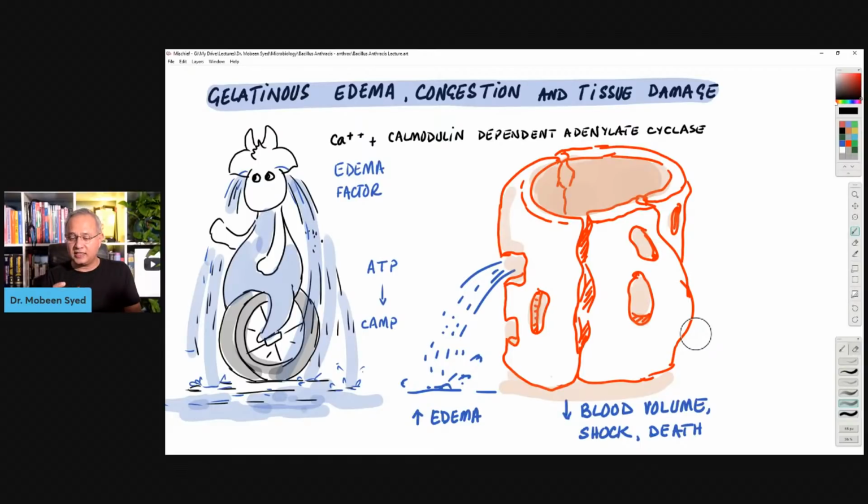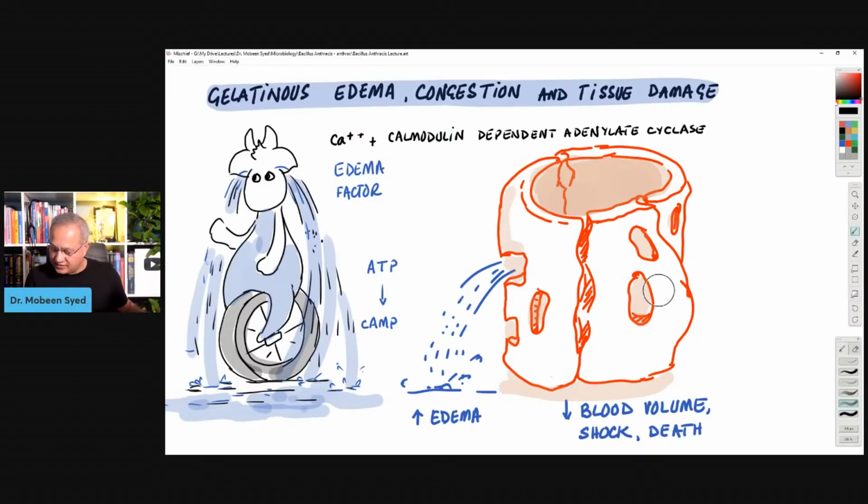So shock and death is not going to occur just because cyclic AMP caused the cells' homeostatic environments to be upset. The shock and death can occur because the endothelium starts becoming open to movement of fluids from blood vessel to outside.